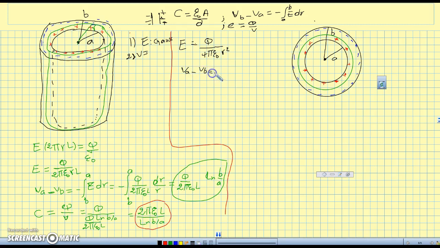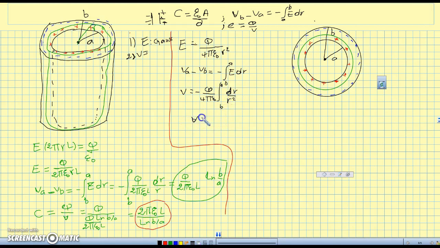Okay, we start from B. This is minus the integral from B to A E dr. This is right. Alright, so I'm going to call this just V, the potential difference, which is equal to minus, I put everything outside, Q over 4 pi epsilon 0, and that's it. So the integral from B to A, now I'm left with dr over r squared.